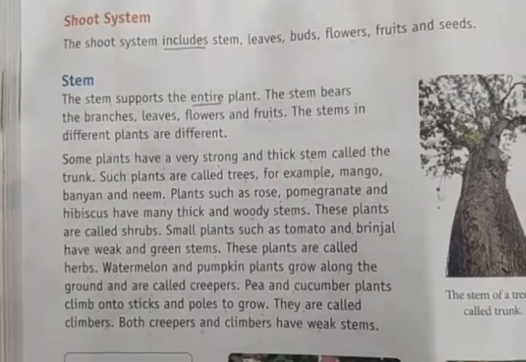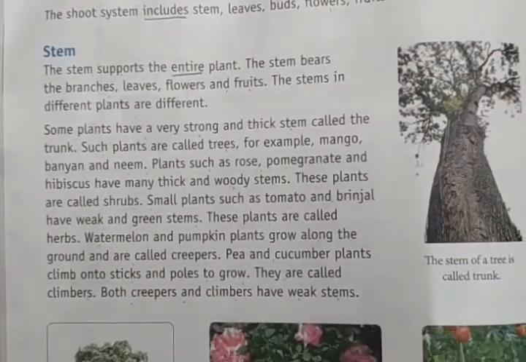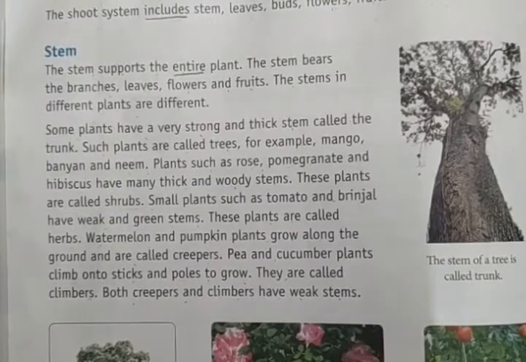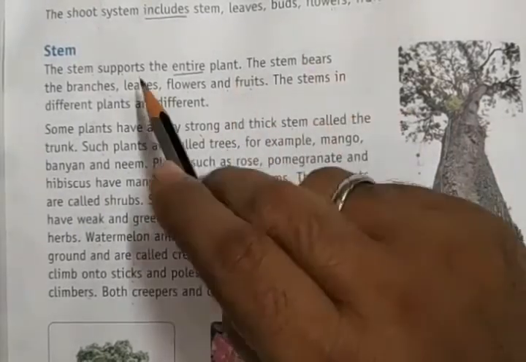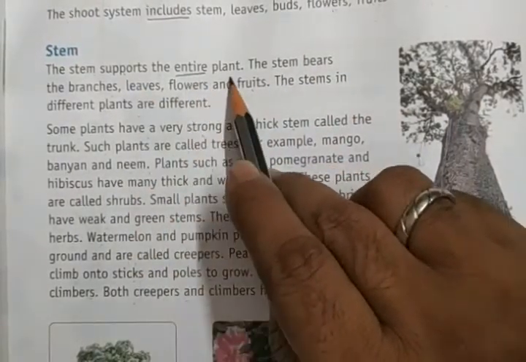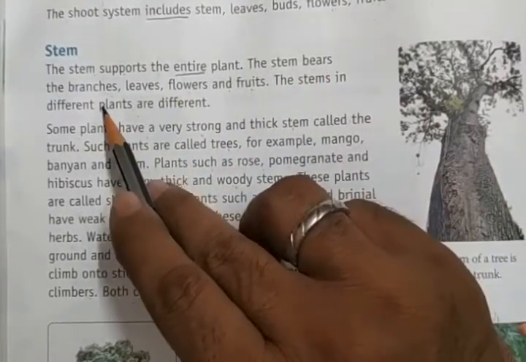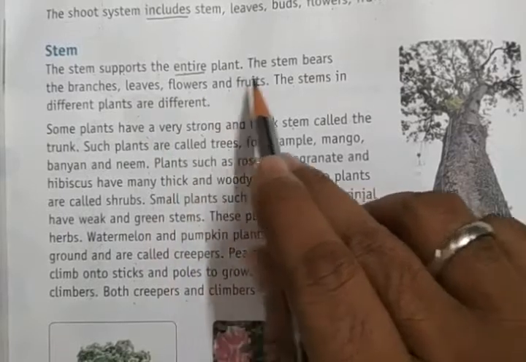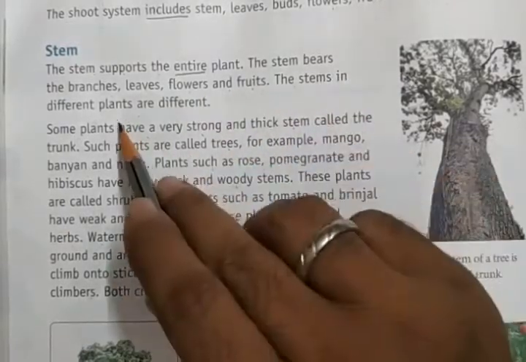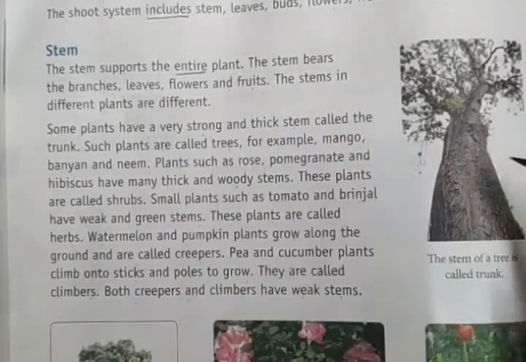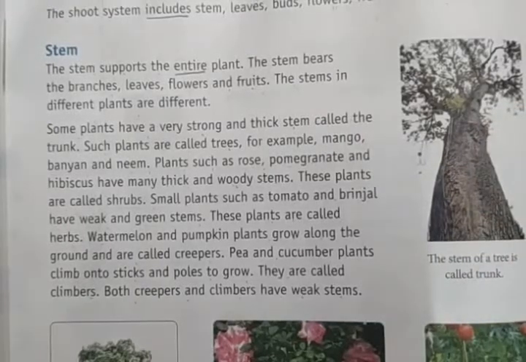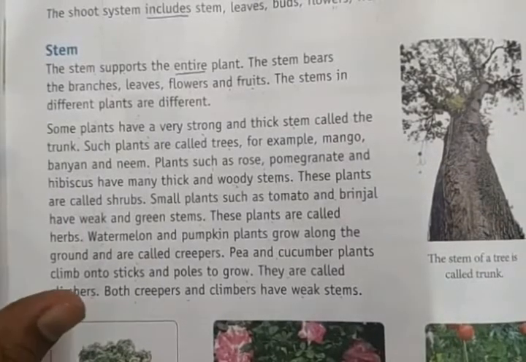Right? So a stem supports the entire plant. The stem bears the branches, leaves, flowers and fruits. The stems in different plants are different. One is thick, one is thin, one is green, one is gray.